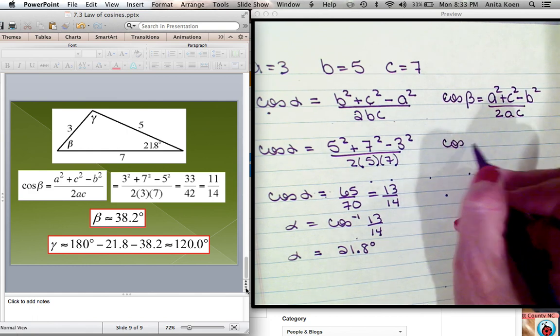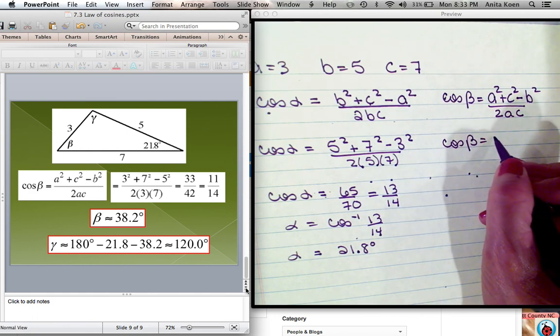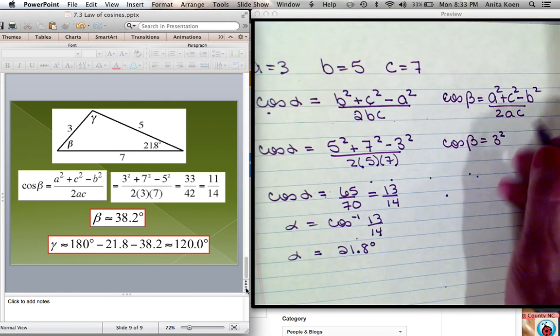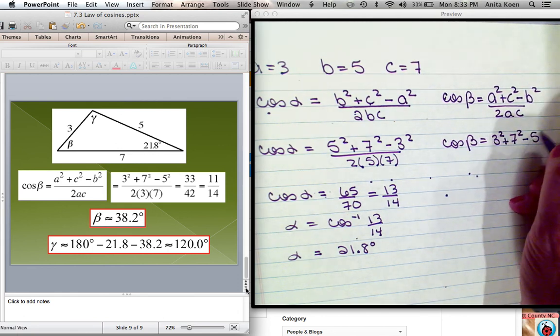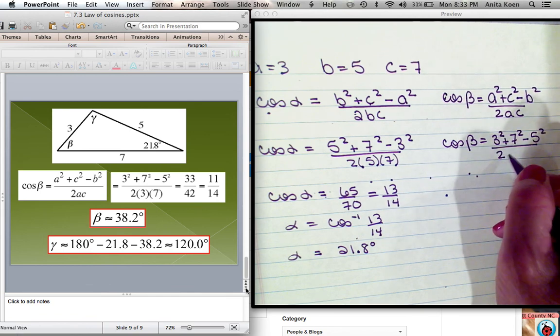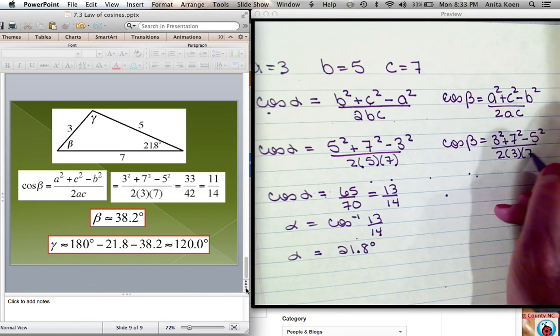So the cosine of beta is going to be 3 squared, because a is 3, plus 7 squared minus 5 squared over 2 times 3 times 7.